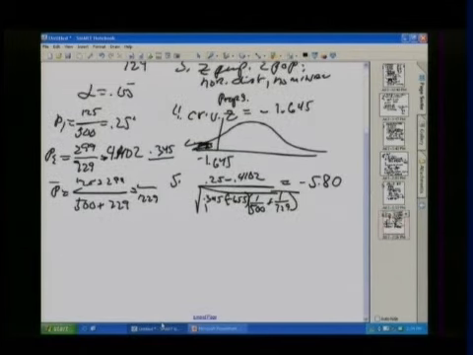Now I'm ready to plug into step 6 and summarize my answer. Step 6, this value is way down here, minus 5.8. Reject the null. Rejecting the null, high level of confidence. Notice how far this value, 5.8, is below the 1.645.